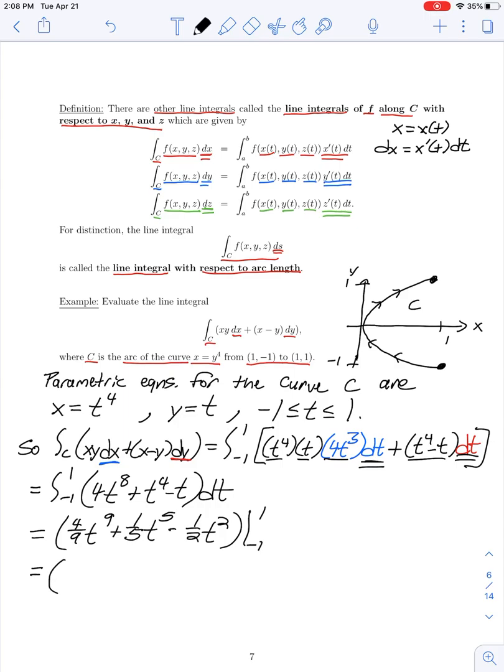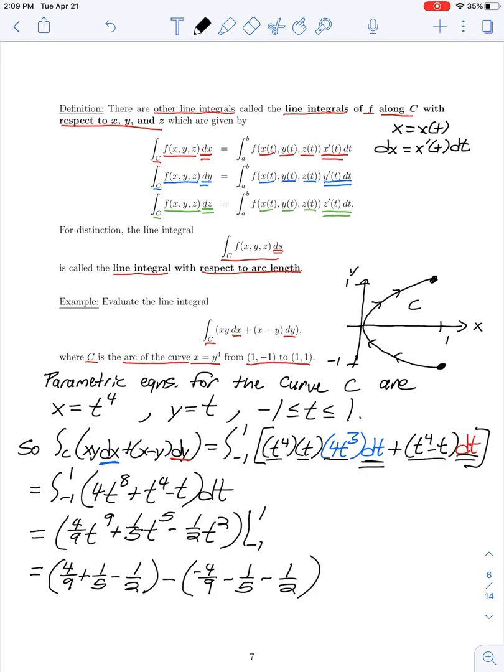So plugging in t equals 1, we have 4/9 plus 1/5 minus 1/2, and then we subtract what we get when we plug in -1. So plugging in -1, we have -4/9 minus 1/5 minus 1/2.